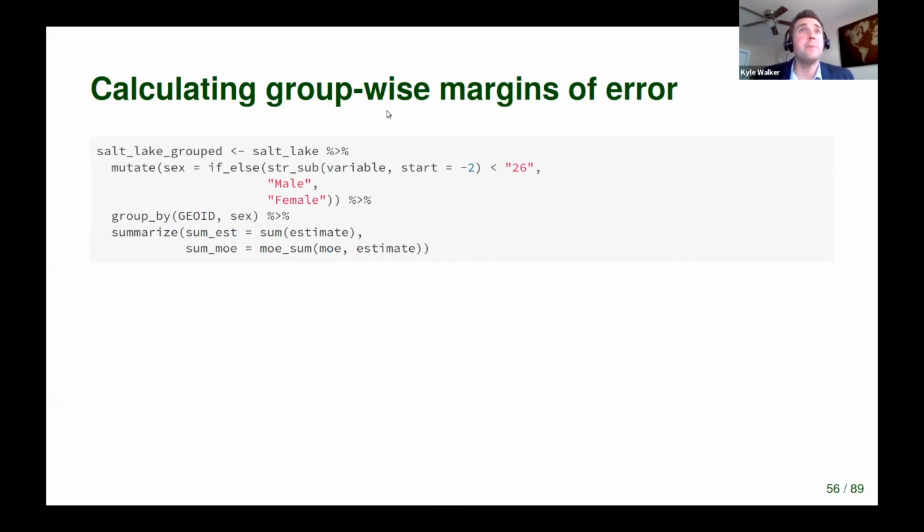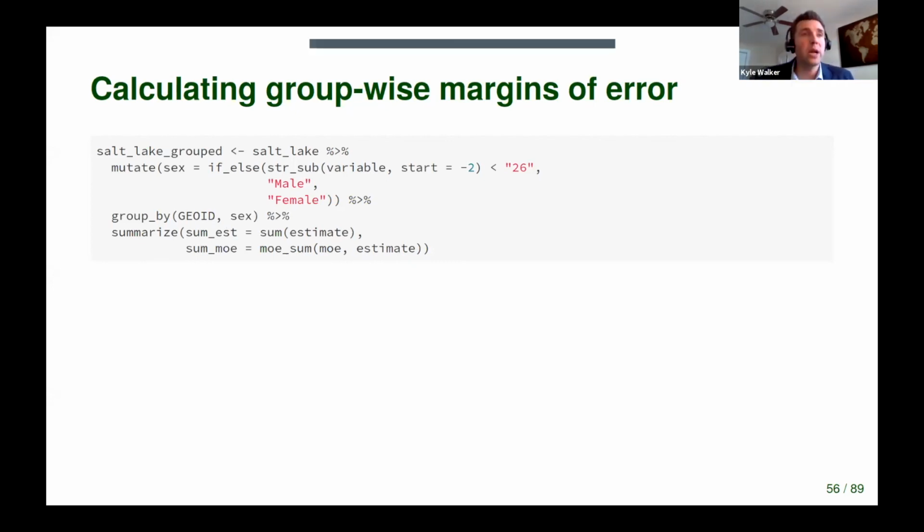I am parsing out, using a little bit more advanced code here, to identify the sex. So here I'm parsing out male and female. I'm grouping by the census tract and the sex, and I'm creating new estimate and margin of error columns for people over age 65 by census tract by sex in Salt Lake County, Utah.